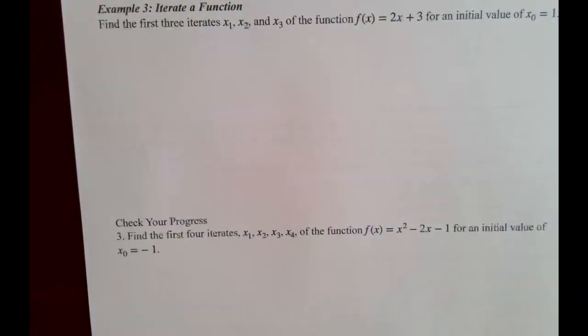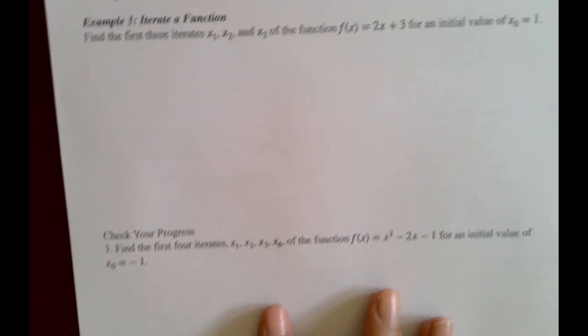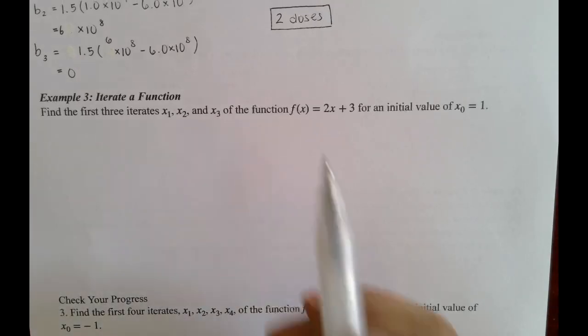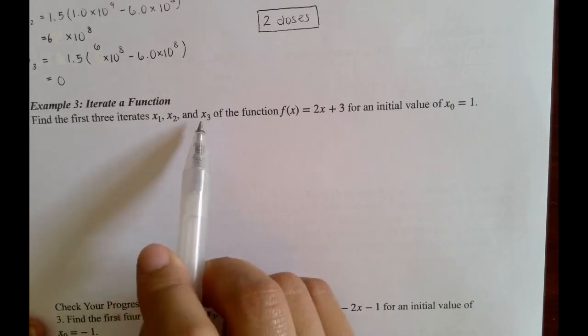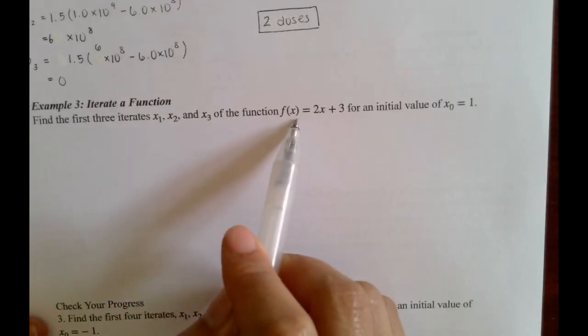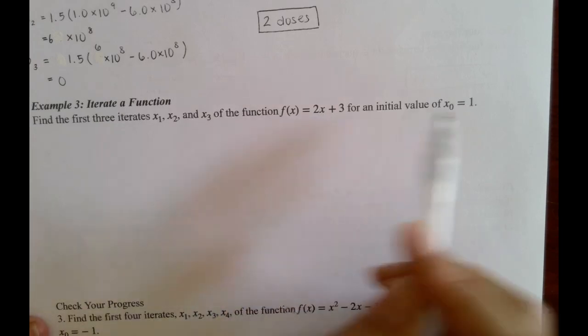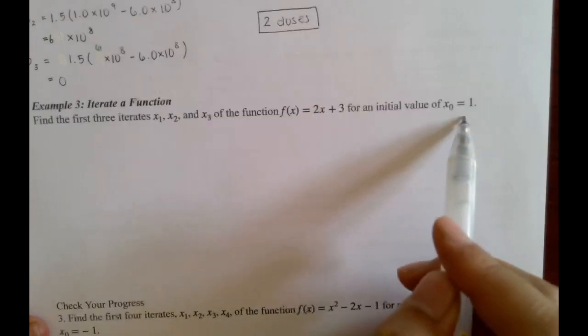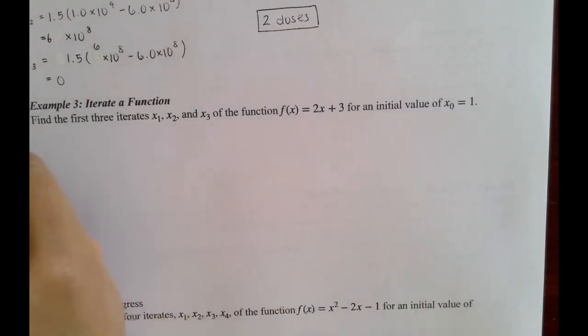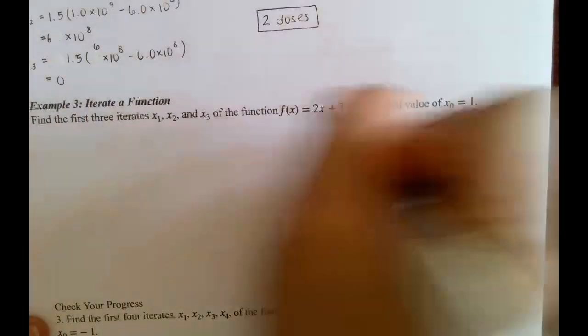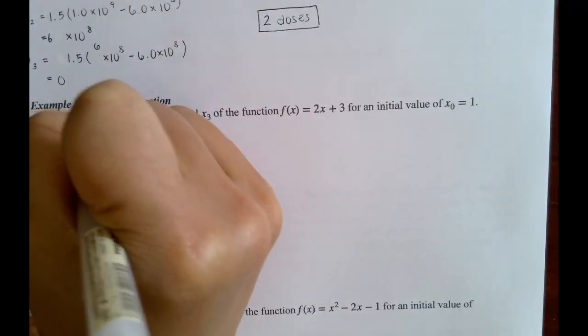Okay? So here we want to find the first 3 iterates, x sub 1, x sub 2, x sub 3 of the function f of x equals 2x plus 3. The initial value x sub 0 equals 1. Okay? So here we're going to plug in f of 1, right?